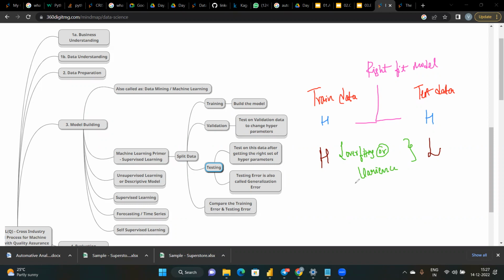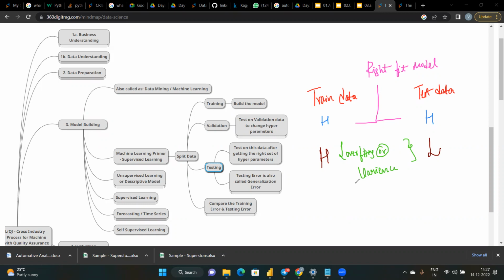So why do we get overfitting? We get overfitting because my train data is high and test data is low. So overfitting is a concept in data science.